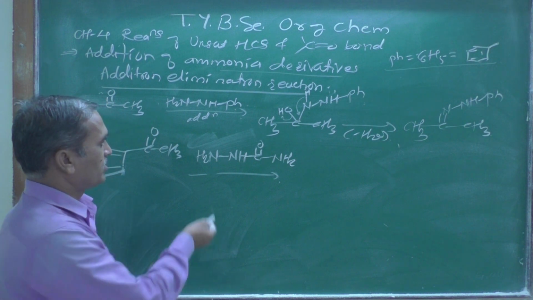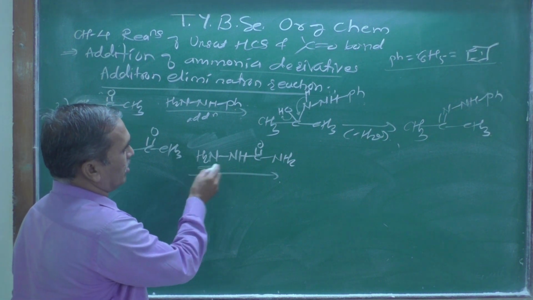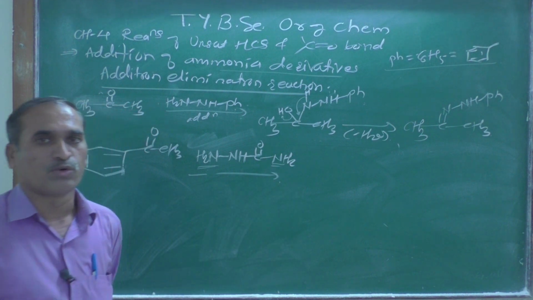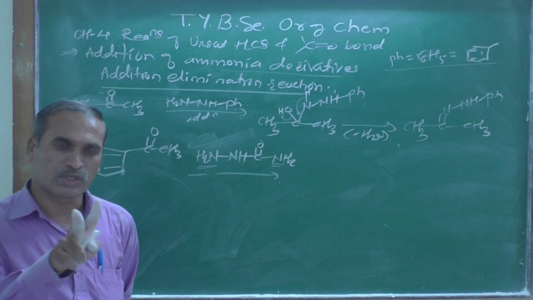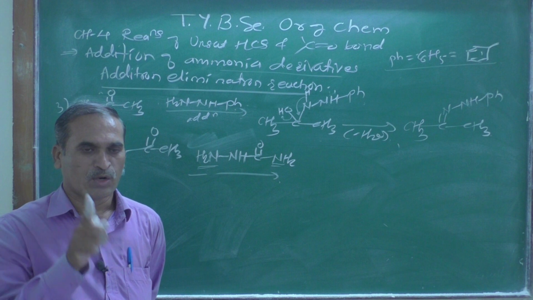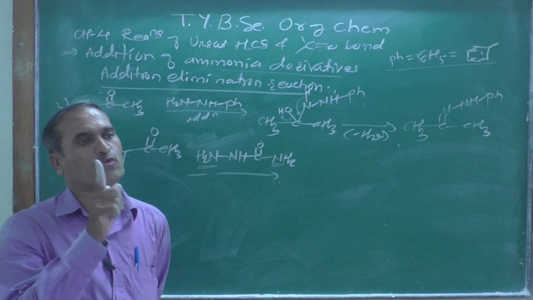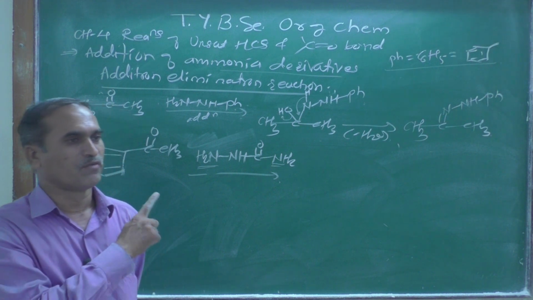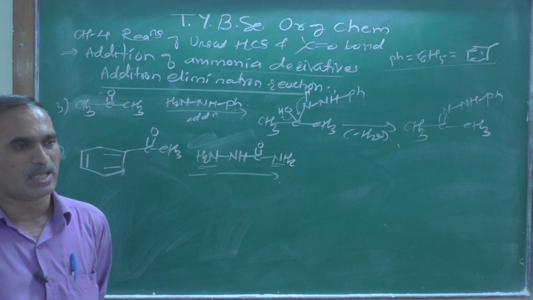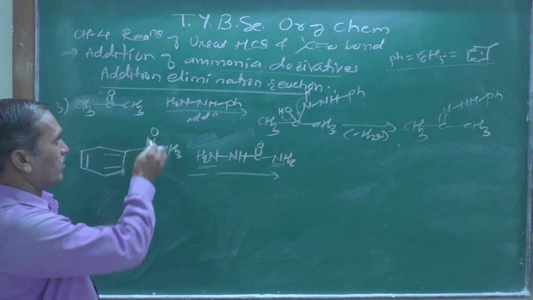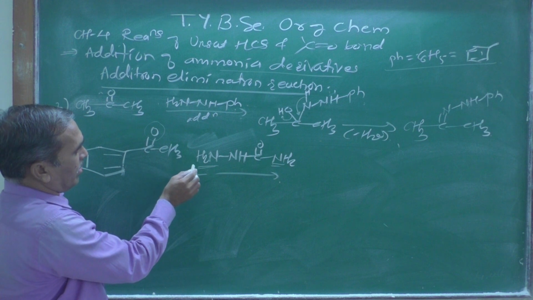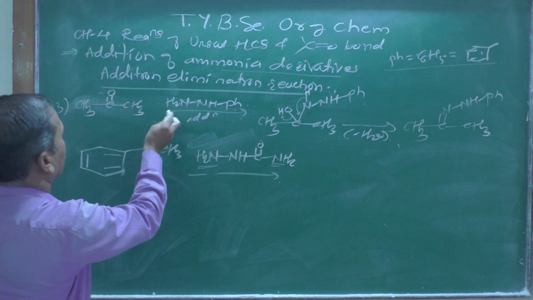Now most of the students get confused here. Why? Because there are two terminal amino groups. One of them is going to form the double bond with that carbonyl, and there will be the elimination of a water molecule, one oxygen from here.